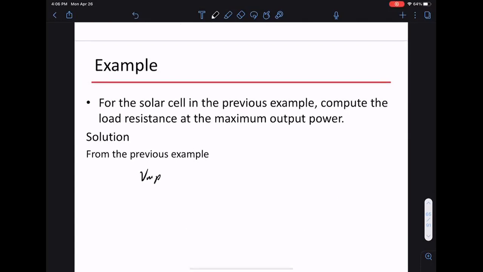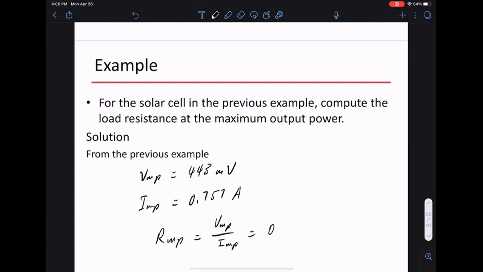We have the maximum power tracking voltage as 403 millivolts. The maximum power current is 0.757 amps. Then the resistance you should have to get the maximum amount of power is around 0.59 ohms. So we have the ability to control all of this.